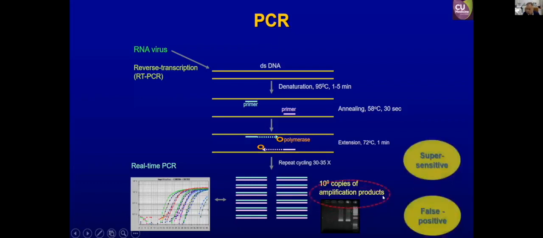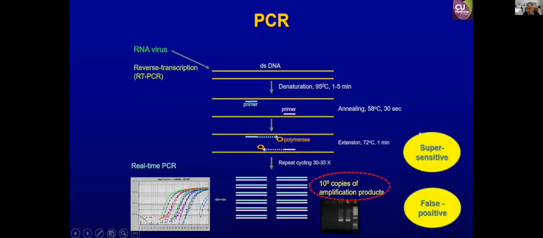Now this provides us a very, very sensitive method, super sensitive. And this is also the trouble it causes. It may cause false positives, not because of the procedure itself.